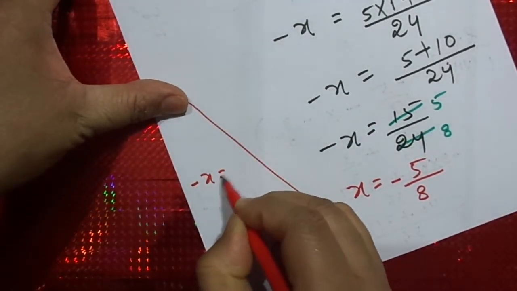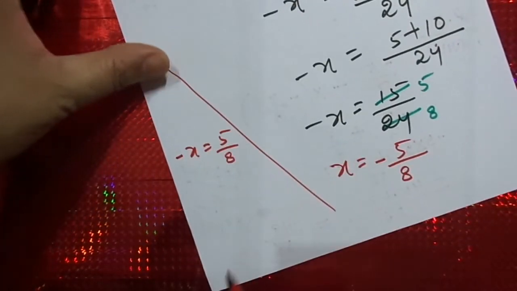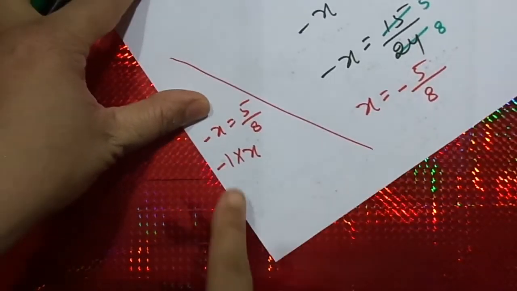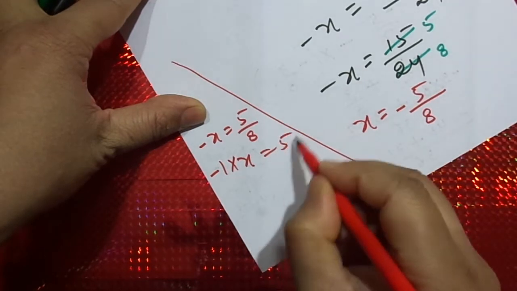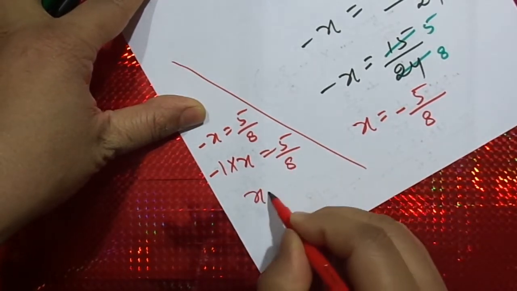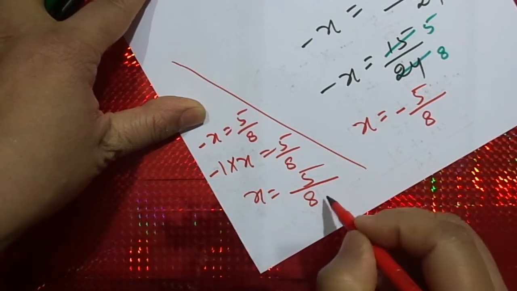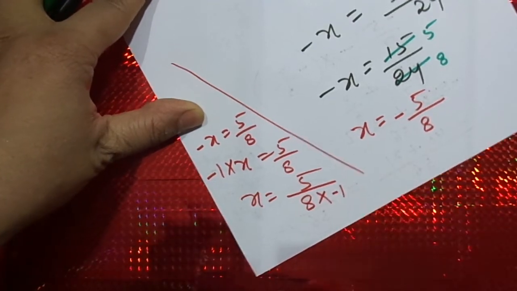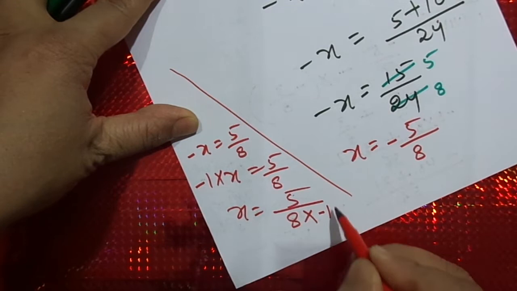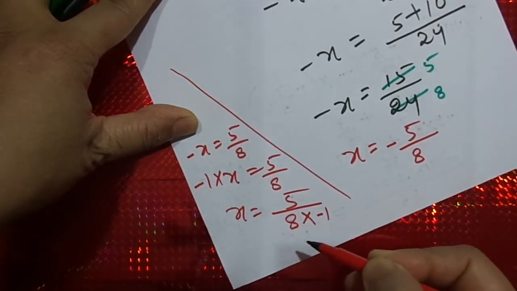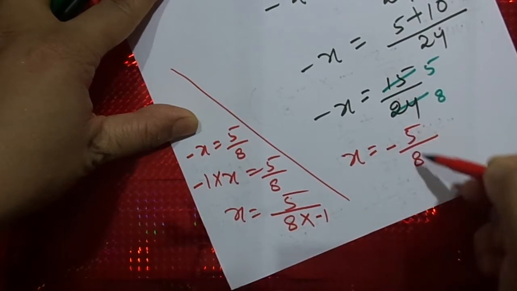Minus x is equal to 5 by 8, and this minus x means minus 1 into x is equal to 5 by 8. So x will be equal to 5 by 8. This minus 1 will come over here, so it becomes 5 by minus 8. Then on changing it into standard form, it becomes minus 5 by 8.